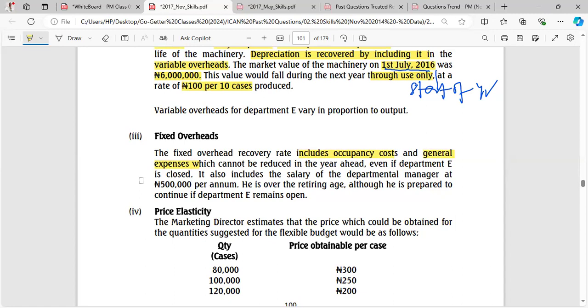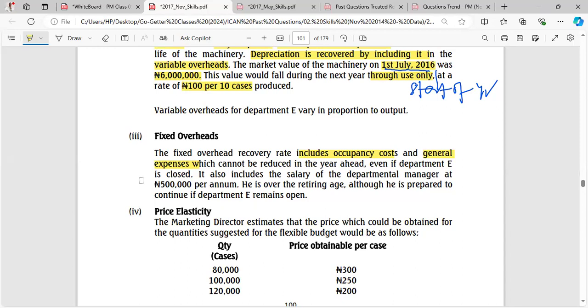So what does it tell you? Whether you have 120,000 cases, the fixed cost will be the same, the occupancy cost will be the same, and general expenses will be the same at all levels.